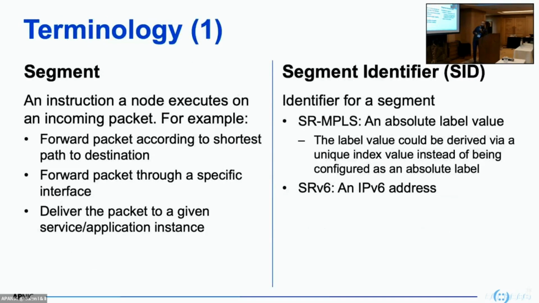So first, some definitions. Segment, I said, is some instructions. So the source will say, go to the destination using this path. So this is a segment. You can say label stack or something like this. Segment ID is either the MPLS label or the IPv6 address that I told you.